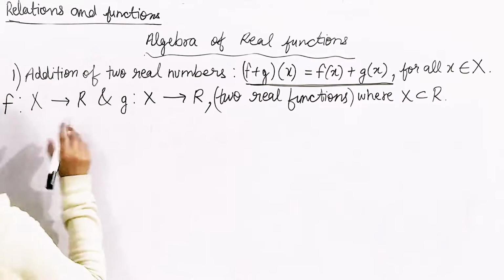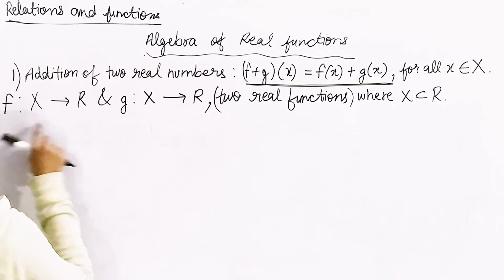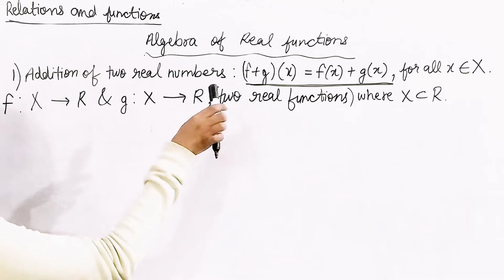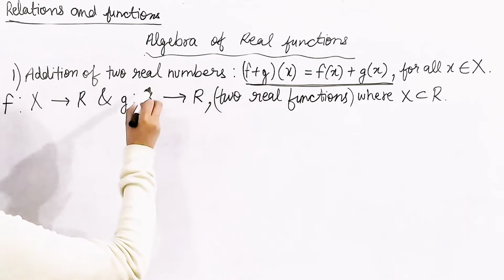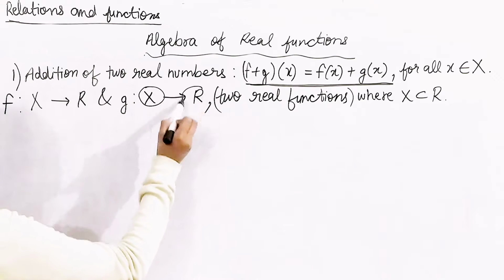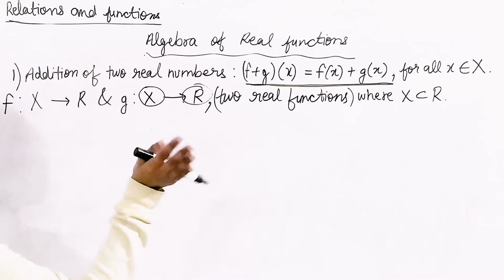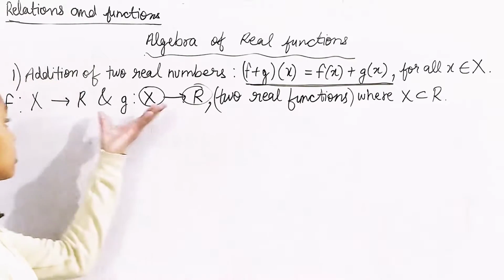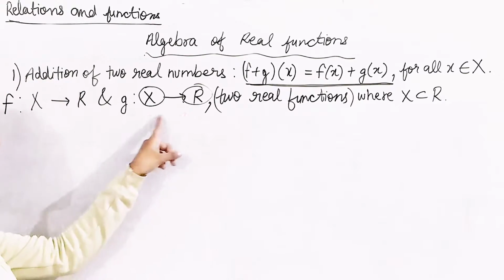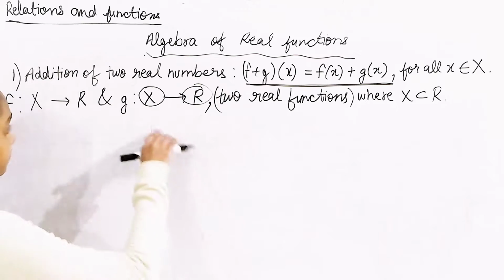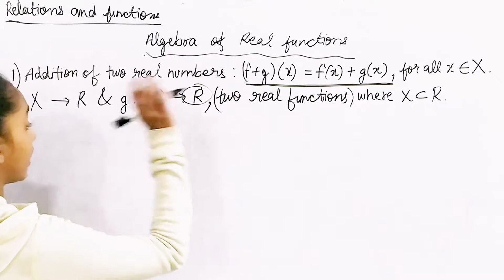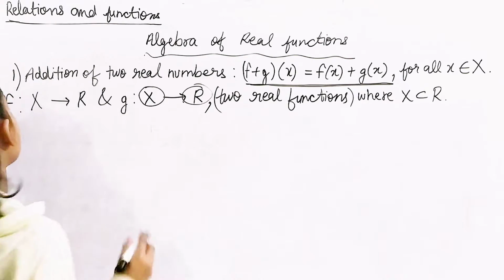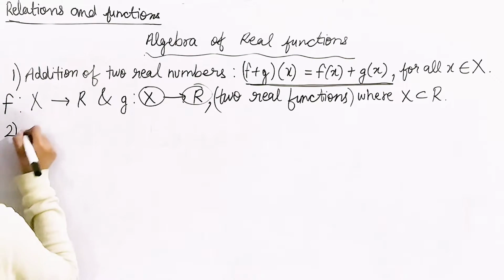We had two functions f and g from X to R, two real functions. A function is a special kind of relation, and we'll talk about this in sets. X is a subset of R. That's it, nothing else. It's really simple addition.